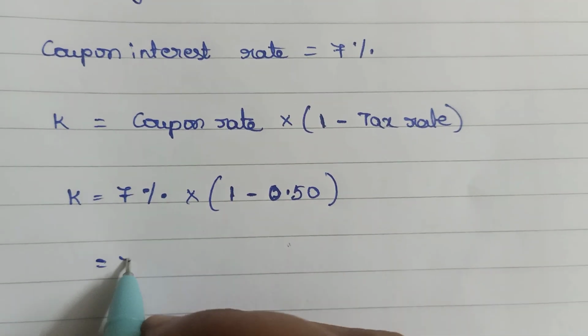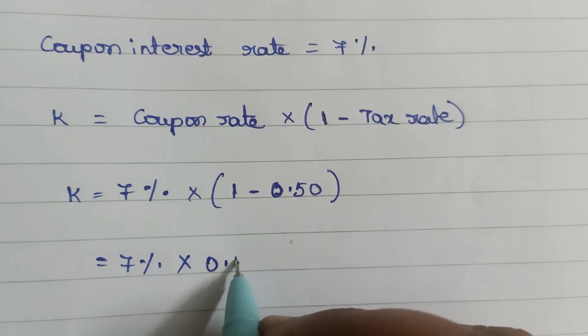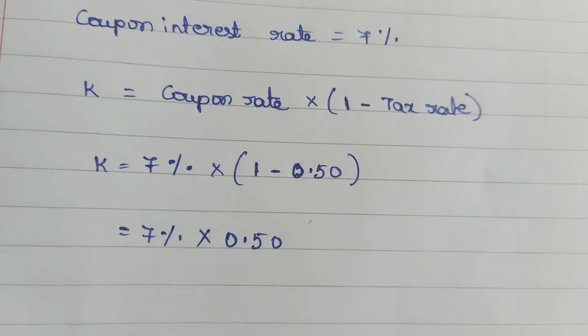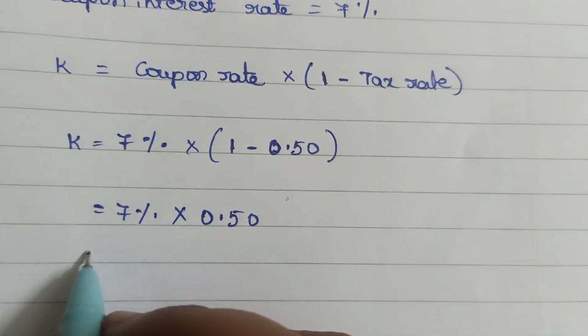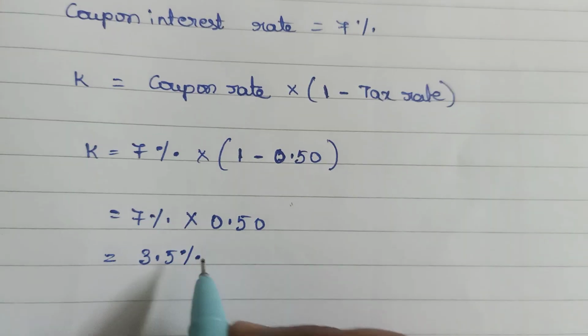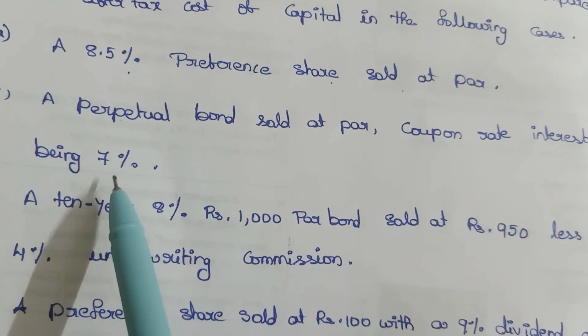This is equal to 7% into 0.50, since 1 minus 0.50 is 0.50. 7% into 0.50 is equal to 3.5%.